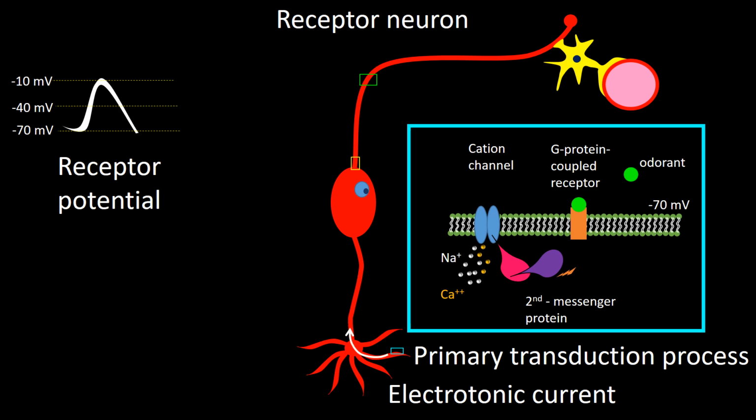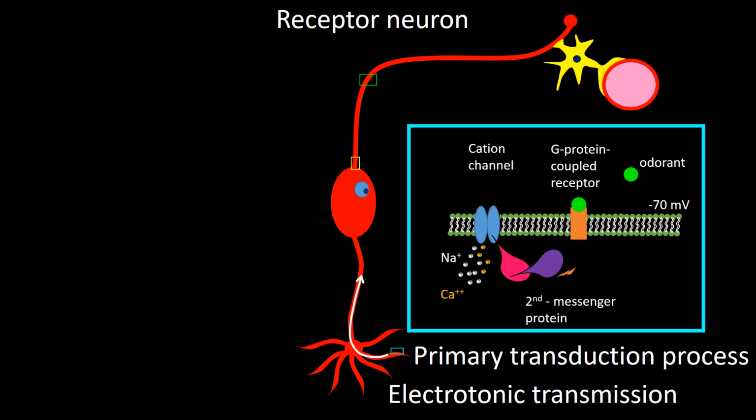I have now added the electrotonic current in the form of a white arrow. In case of a strong stimulus, the electrotonic current will advance in the distal dendrite with enough intensity as to move into the proximal dendrite, the neuronal body, and ultimately reach the axon hillock.